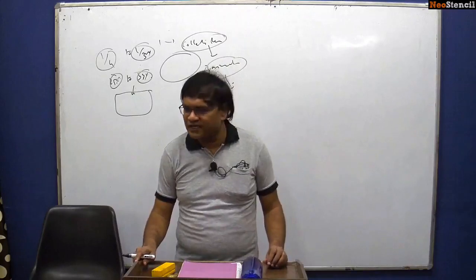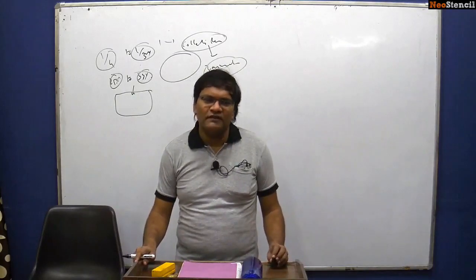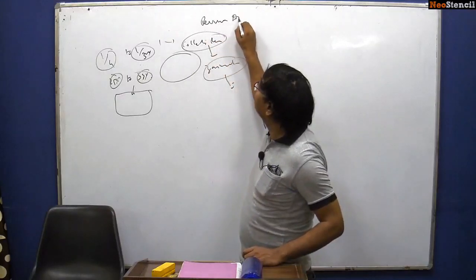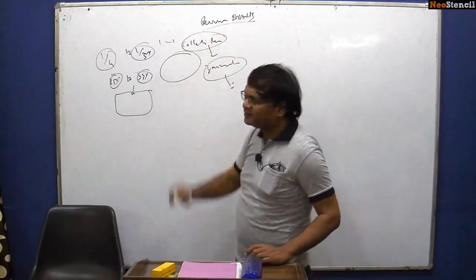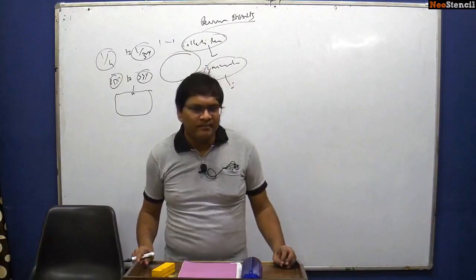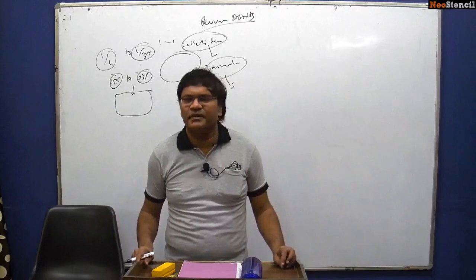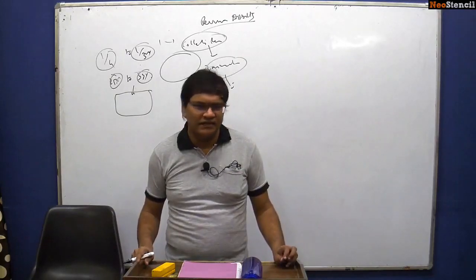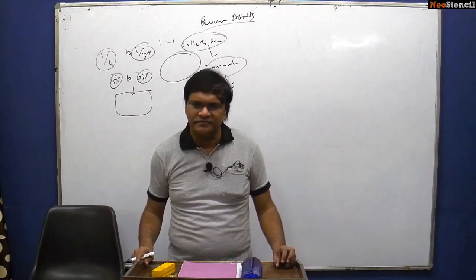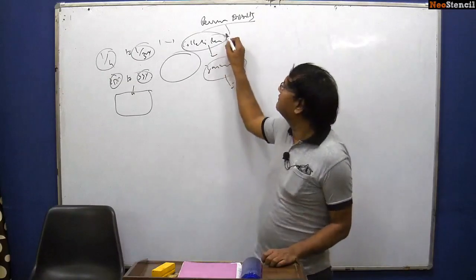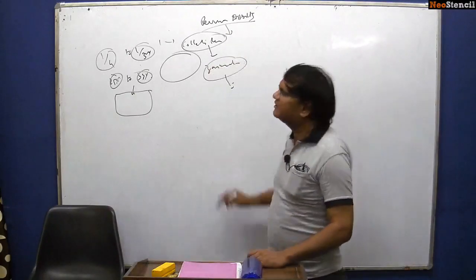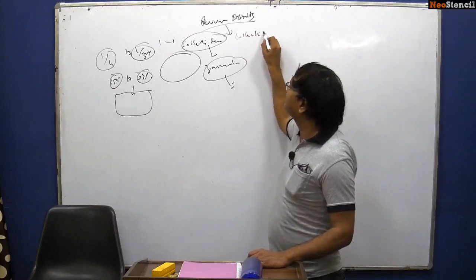The Bengal province was divided into what we call revenue districts, on the basis of the revenue potential of that particular area. They appointed one person to collect the revenue, and that person was called the collector of revenue.